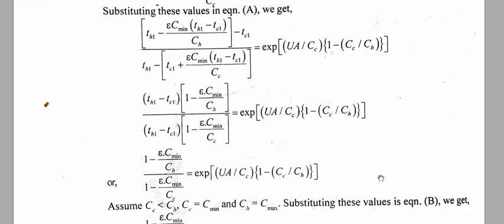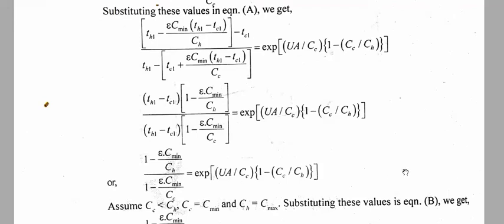With the help of this we get the equation that (1 minus effectiveness C minimum by Ch) by (1 minus effectiveness C minimum by Cc) is equal to exponential of UA by Cc into (1 minus Cc by Ch).